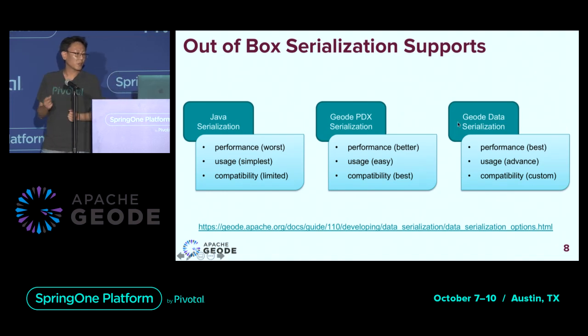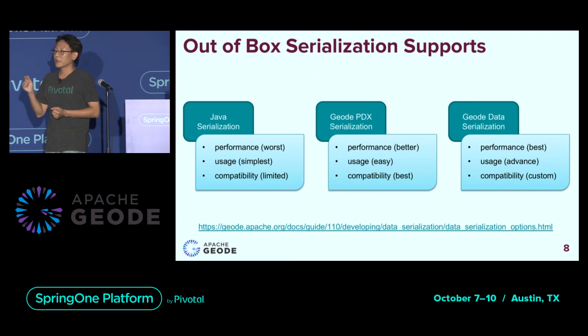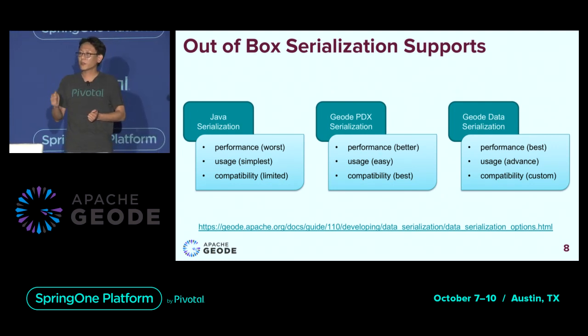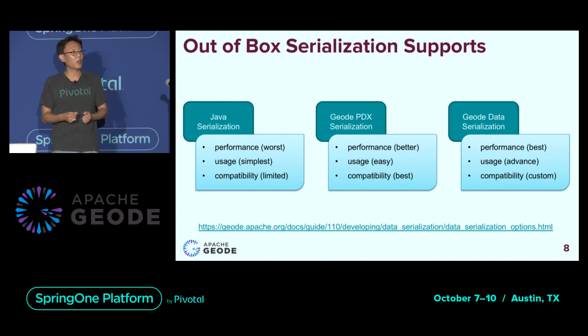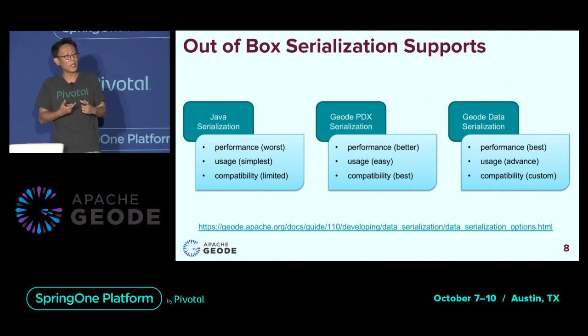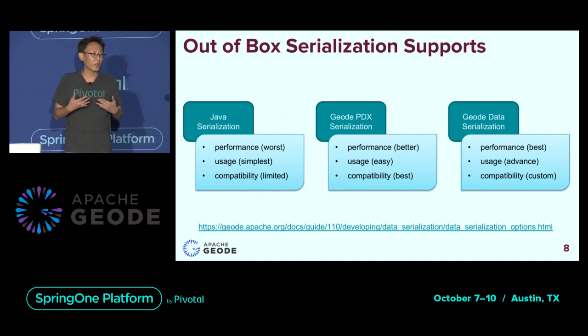Then we have Geode data serialization. Geode data serialization gives you the best performance. The reason is you have control of how data is going to be serialized and deserialized. You actually have to write code to handle that.